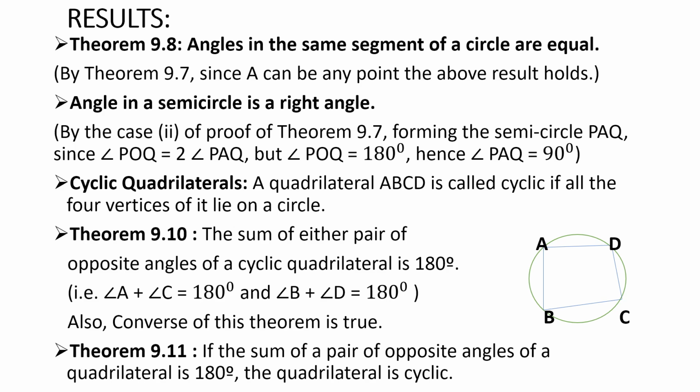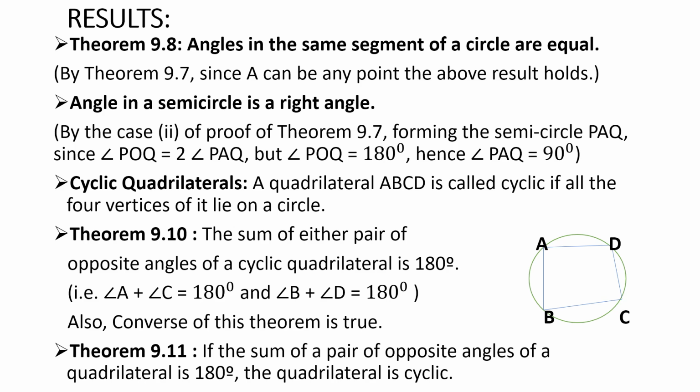Cyclic quadrilaterals. A quadrilateral ABCD is called cyclic if all the four vertices of it lie on a circle. So if you have a quadrilateral and all its four vertices lie on a circle, then it is a cyclic quadrilateral. Some important results for cyclic quadrilaterals. The sum of either pair of opposite angles of a cyclic quadrilateral is 180 degrees.